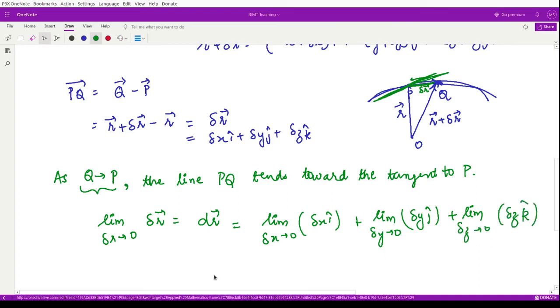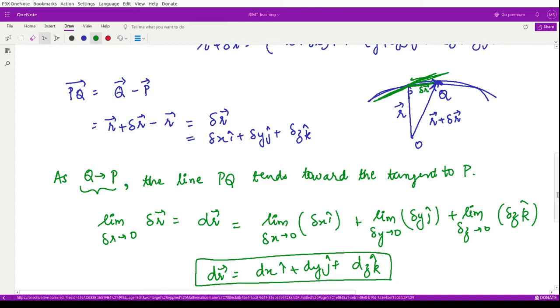So basically your vector dr becomes equal to dx i cap plus dy j cap plus dz k cap. So this is what you obtained for the vector dr.